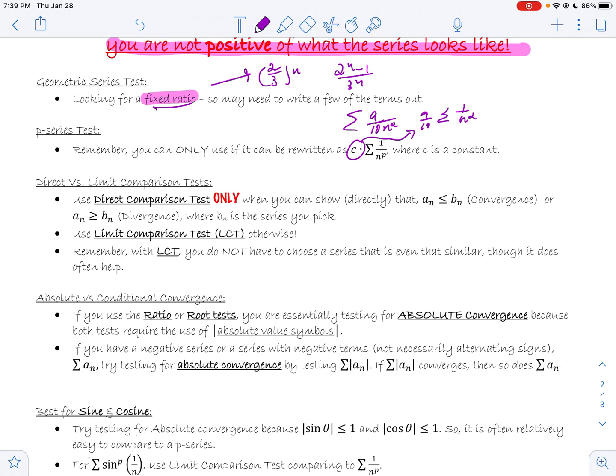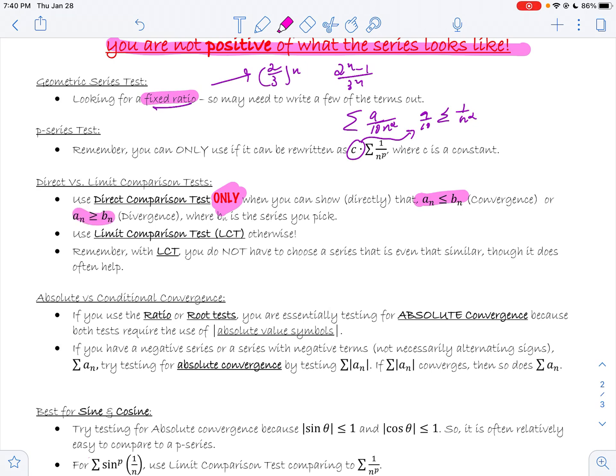All right. Moving on to some more discussion about the direct versus limit comparison tests. This is something that has come up a lot on the quizzes as I've graded them. The direct comparison test can only be used when you show directly an inequality.